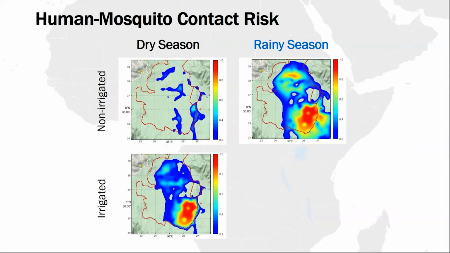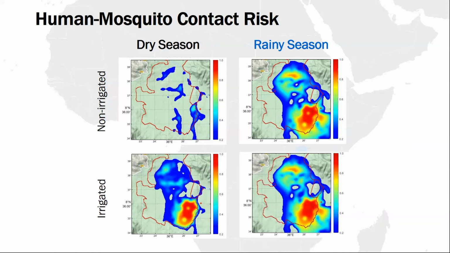In the irrigation situation, the high-risk area in the dry season was much larger in comparison to the non-irrigation situation, because irrigation created abundant mosquito sites. On the other hand, the difference between the dry and the rainy season was small because irrigation increased larval habitat stability.